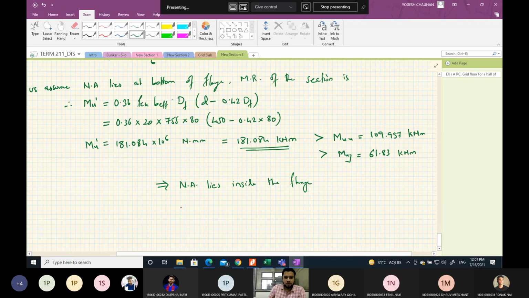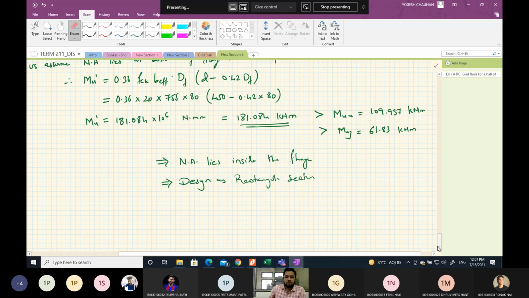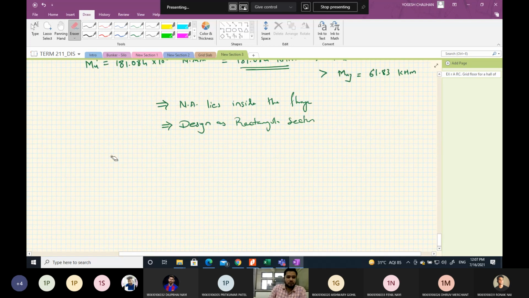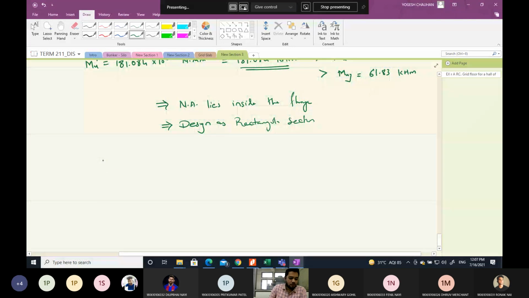So this implies again, since the neutral axis lies inside the flange, design as a rectangular section. Okay, so we can find the area of the steel required.